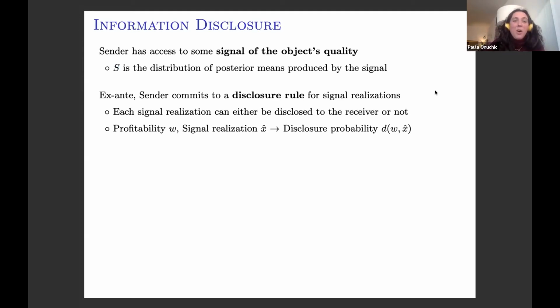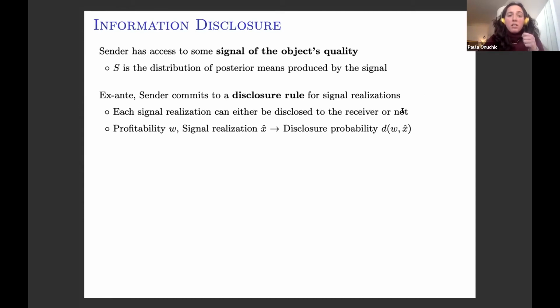Okay, so the sender has access to this technology, but before either the quality or the profitability or the signal realization are drawn, the sender pre-commits to a disclosure rule of how he would go about disclosing these signal realizations to the receiver. Precisely, for each possible signal realization, he can choose whether it is disclosed to the receiver or not. Importantly, the sender can make this decision conditional on the profitability of the object.